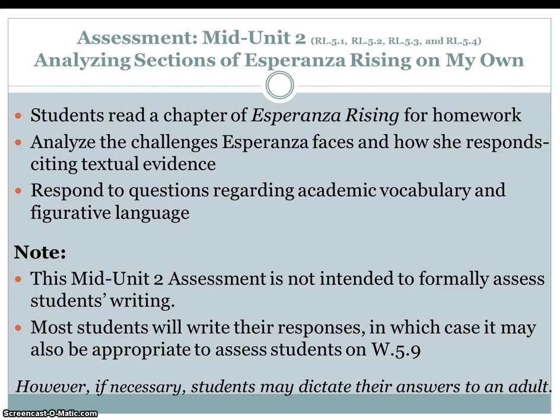Note: this Mid-Unit 2 assessment is not intended to formally assess students' writing. Most students will write their responses, in which case it may also be appropriate to assess students on Writing 5-9. However, if necessary, students may dictate their answers to an adult.